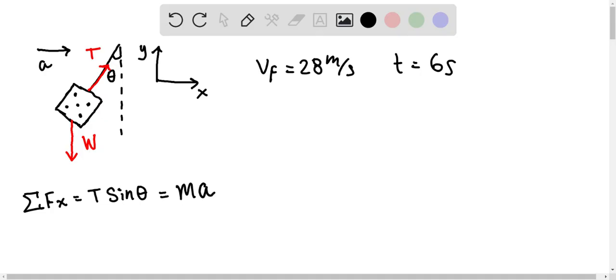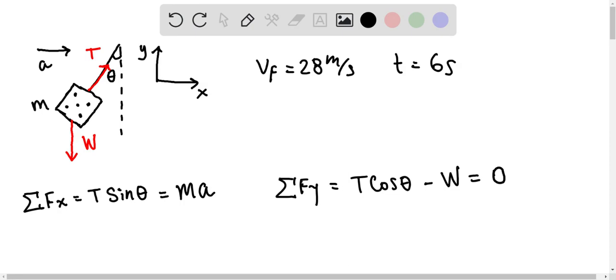So this is m, the mass of the dice, times the acceleration. For the y component of the forces, we have two forces: T cosine of theta in the positive y direction, and minus the weight. In this case, the dice is not moving in this component, so it is equal to 0.